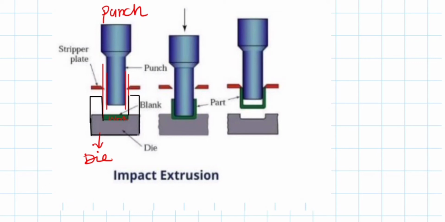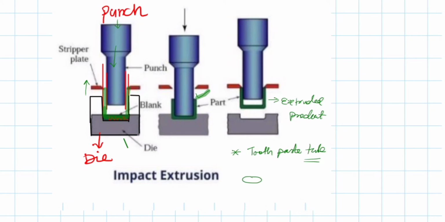So the workpiece will come out through this clearance space, and it makes a shape like this. So this is the extruded product. The direction of the extruded product is this, and the application of force is in this direction. This type of extrusion is generally used to make toothpaste tubes or structures like these thin shells.